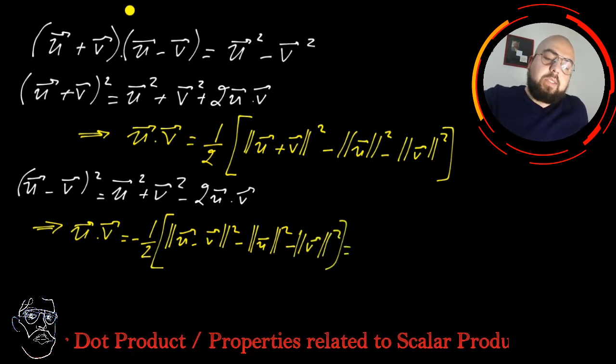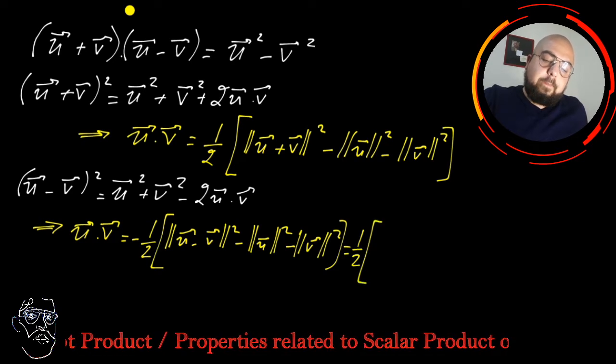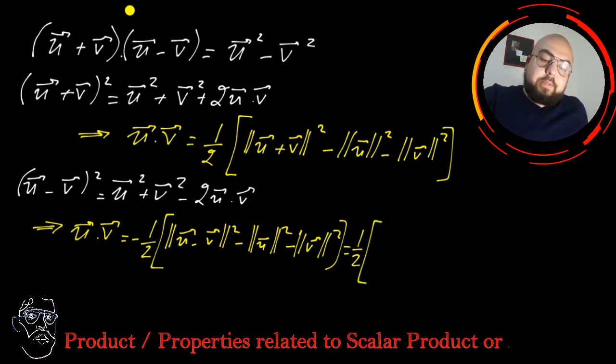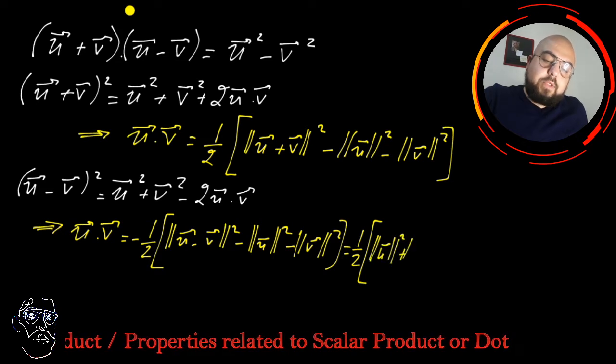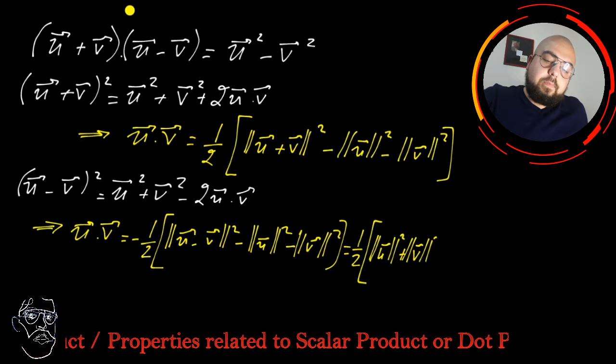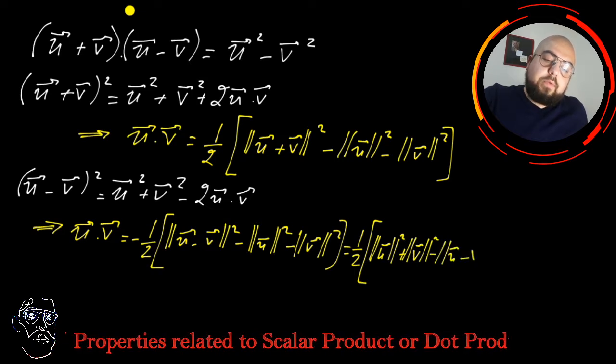So I can say that it's 1 over 2 times u squared plus v squared minus u minus v to the power of 2.